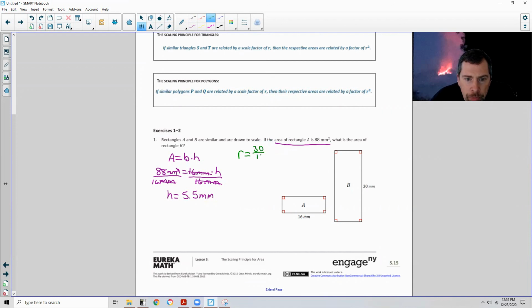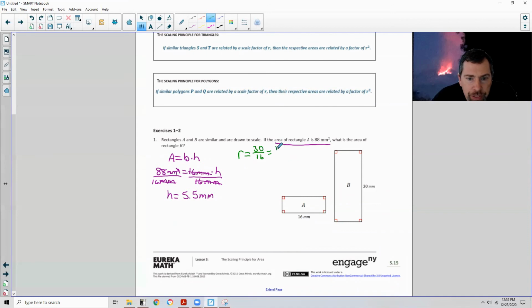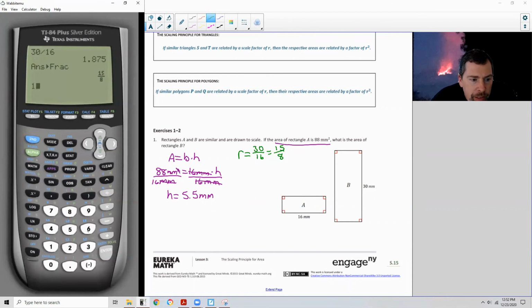So the bigger number has to be on top, and it's 30 divided by 16. 30 divided by 16 equals 1.875. And that reduces to 15/8. So then if I take 15 over 8 times 16, I should get 30. There we go. That's better.